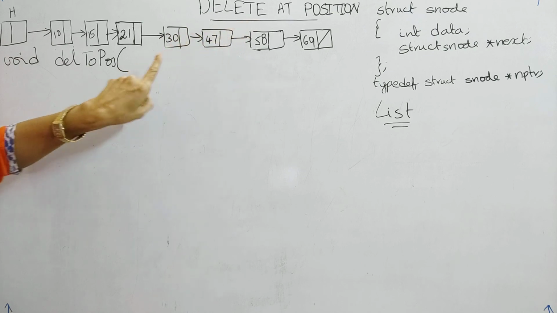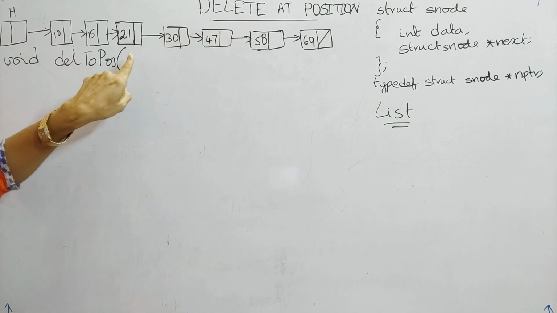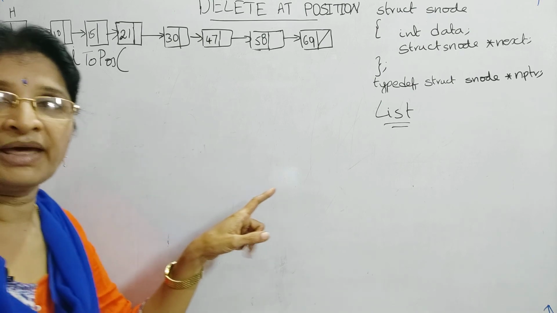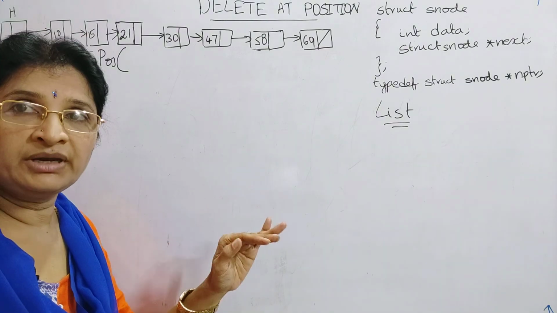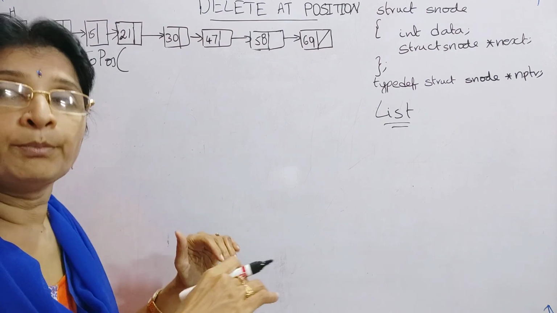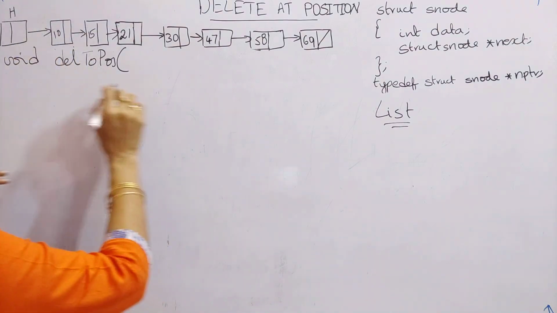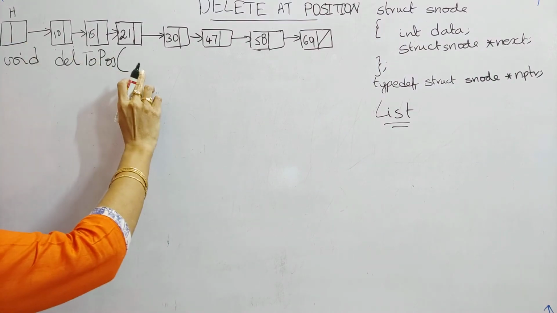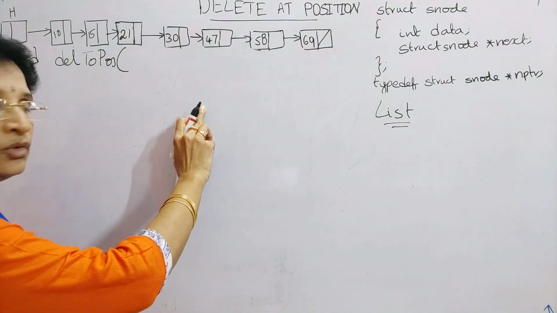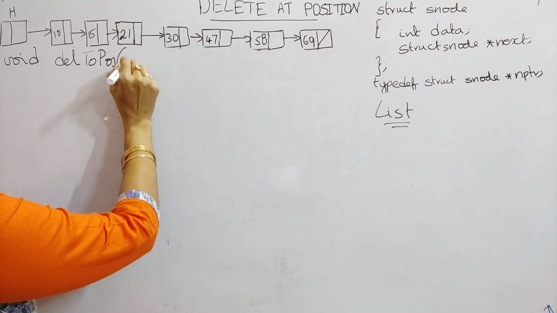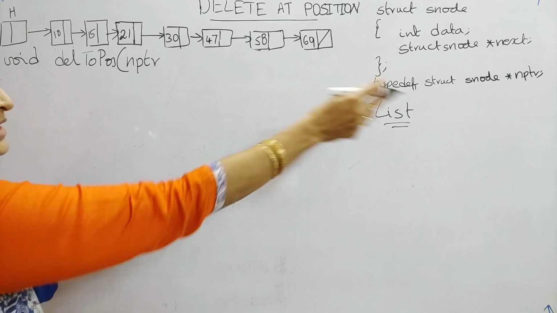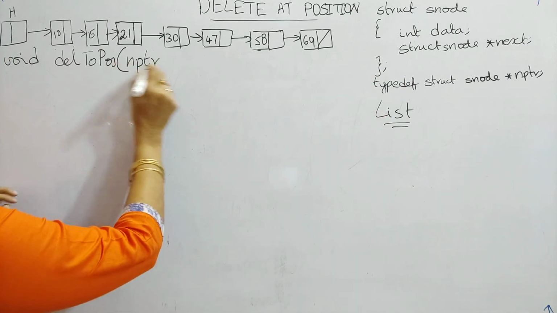Now, after giving the function name, I should give the parameters that are to be passed to the function. The first parameter is your header node. What is the data type of the header node? It is struct node. Instead of struct node, I have given a short name, that is NPTR.